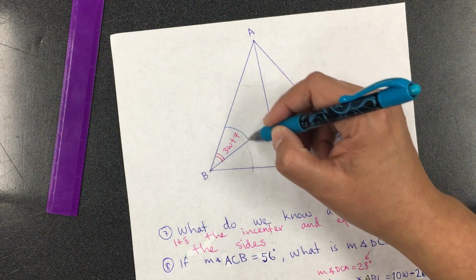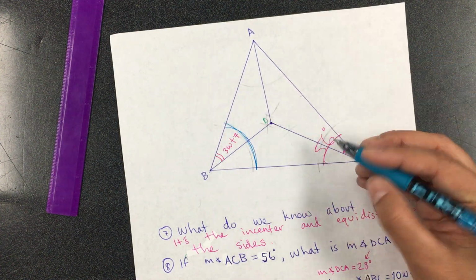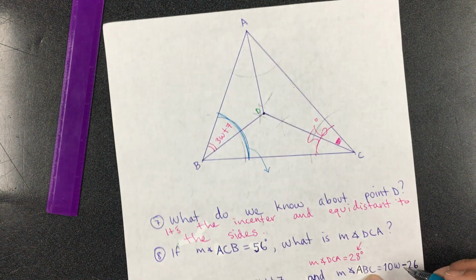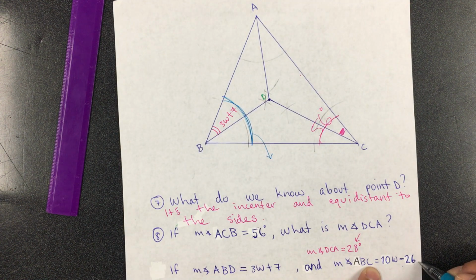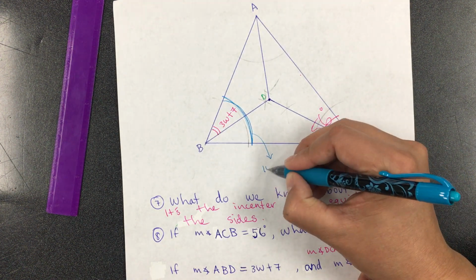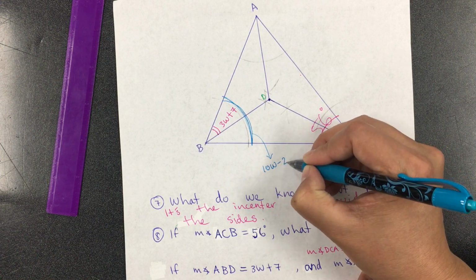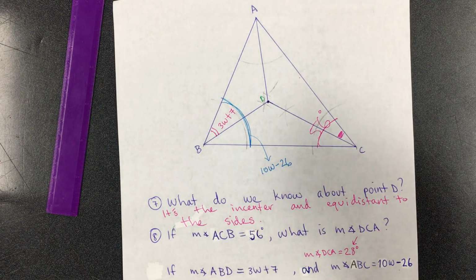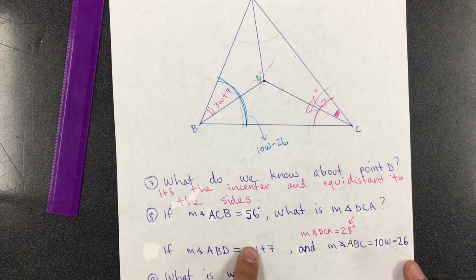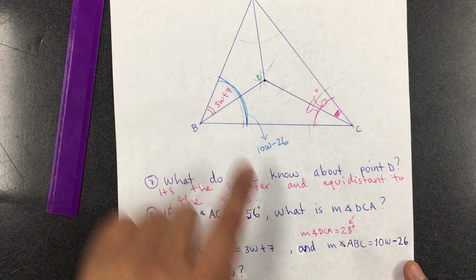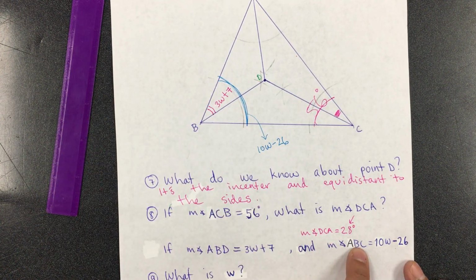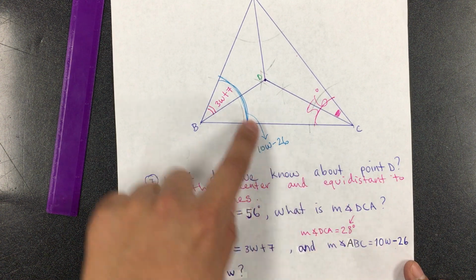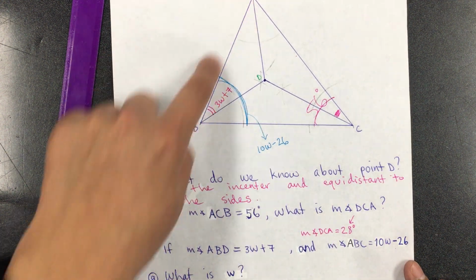Now it's talking about the whole thing. So that's where we have to be careful. And that whole thing is 10W minus 26. Again, this part is only for this little section, this half of it. ABC, or this expression, is for the whole bigger angle.